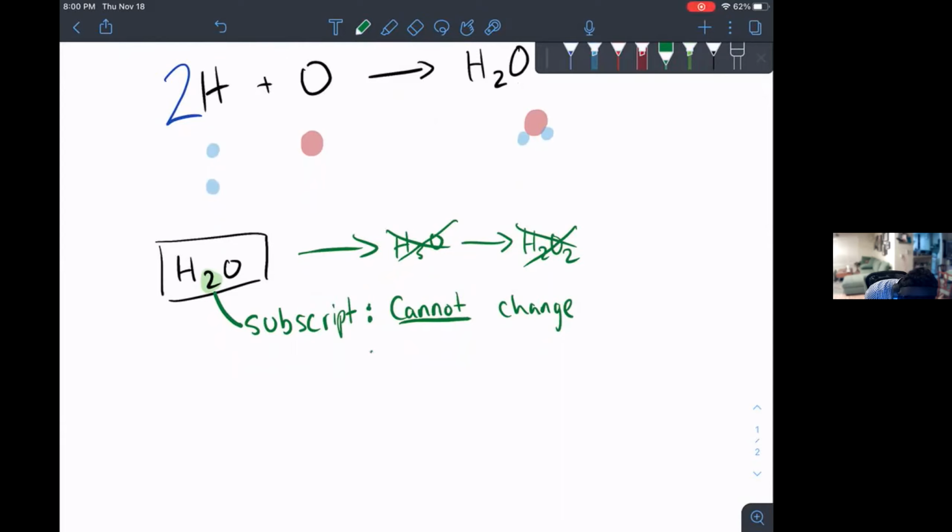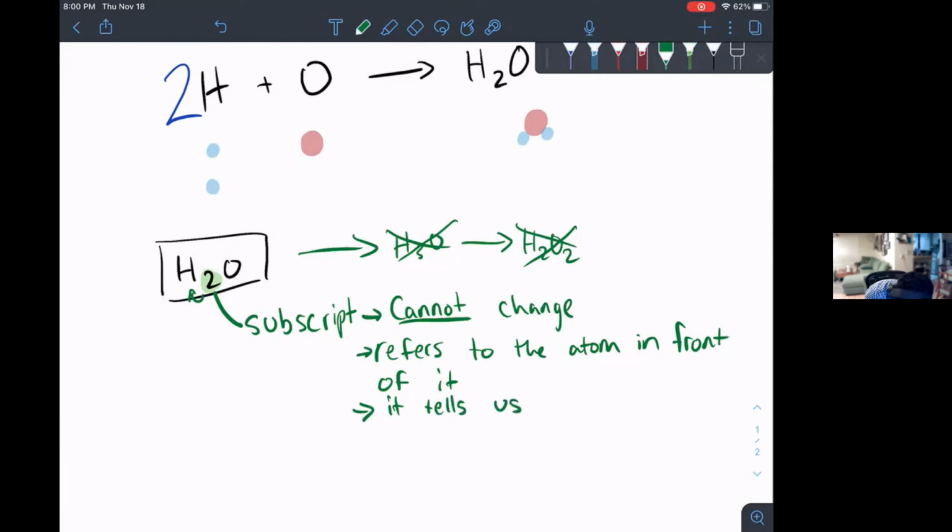The subscript also refers to the atom in front of it. So this 2 is going to refer to the H. It tells us how many of the element are in the molecule.